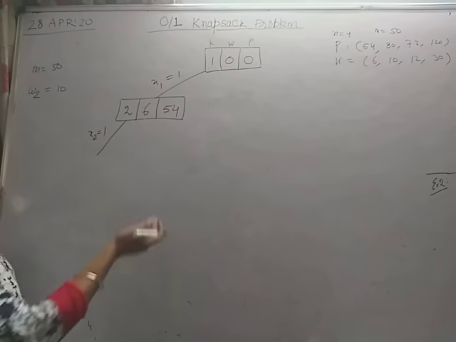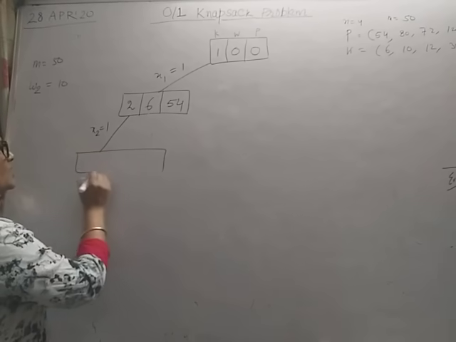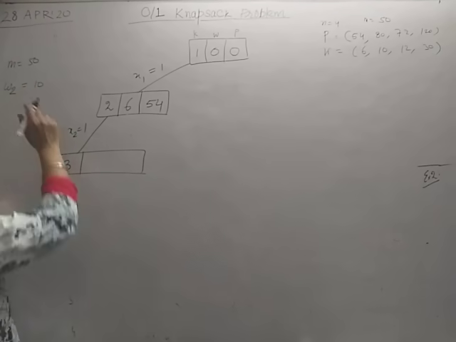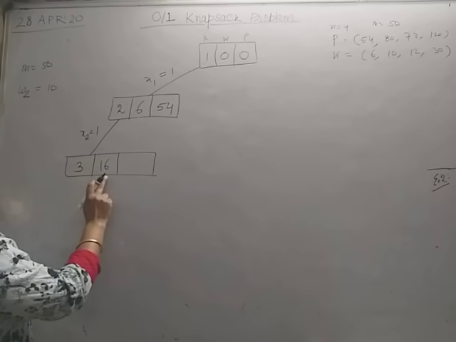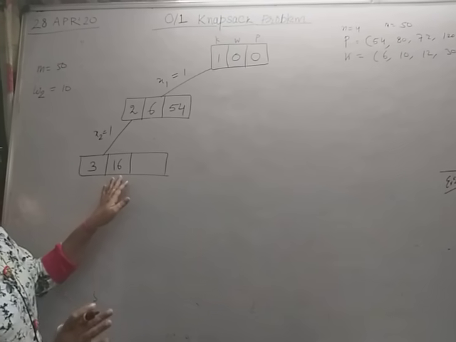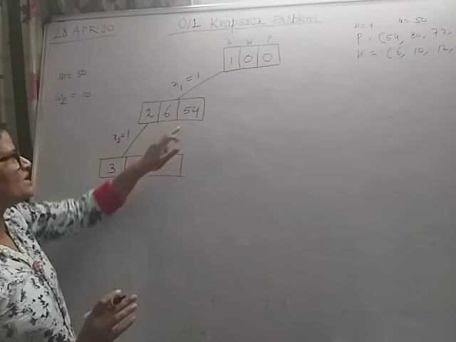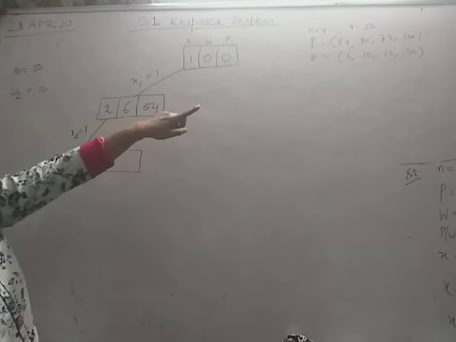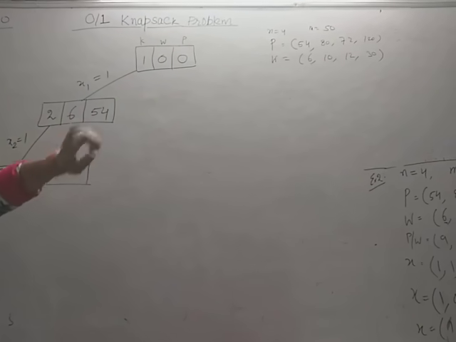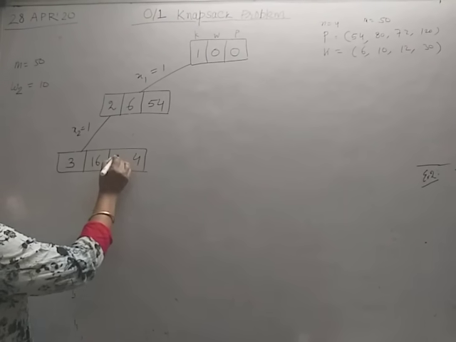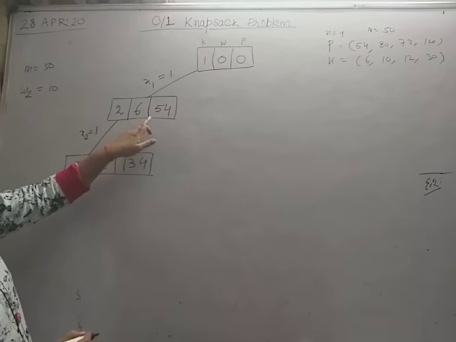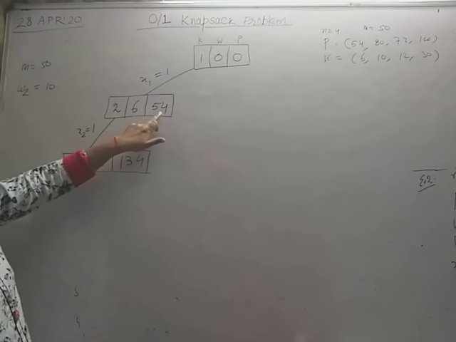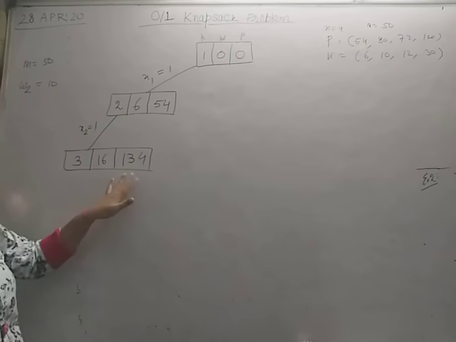Now there is a recursive call for the third object, and the current knapsack weight is 6 plus 10, 16, and the profit is 54 plus 80, as the profit associated with the second object is 80, which is 134.